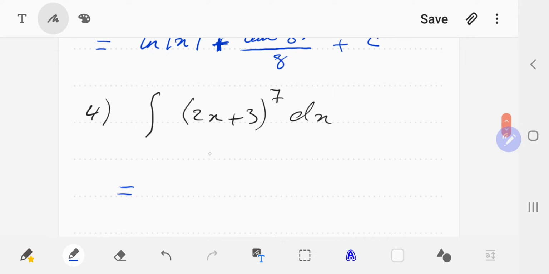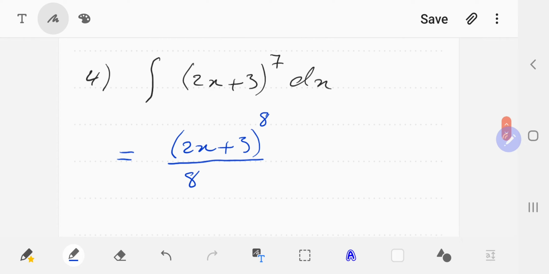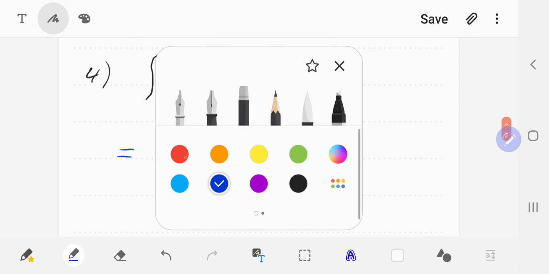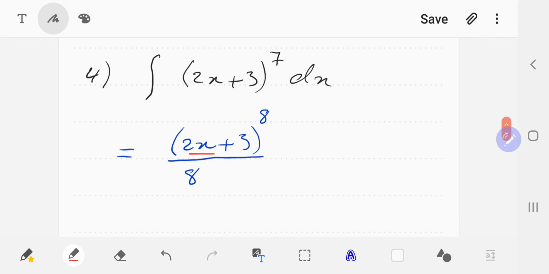Now, watch this. Immediately means 2x plus 3 to the power of, you add 1 to the power, divide by the new power. And what did I say? Remember to divide by the coefficient of x. So if I want to divide all of this by 2, this means I'm multiplying by half, so immediately it will be 8 times 2.